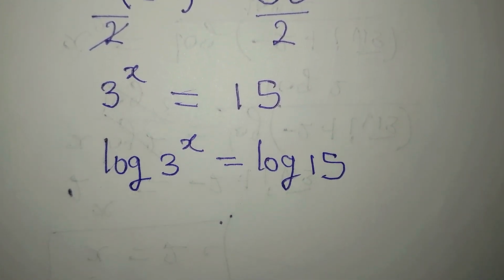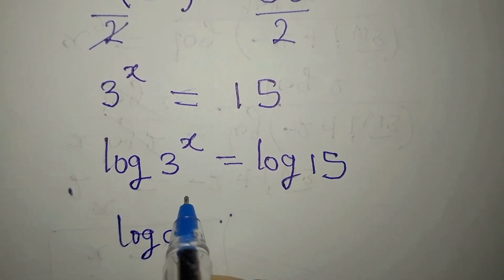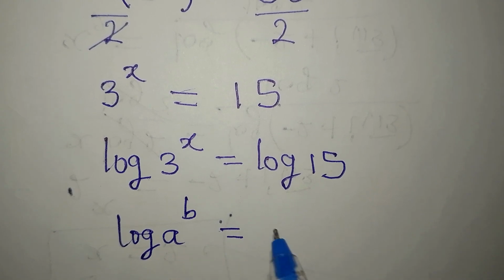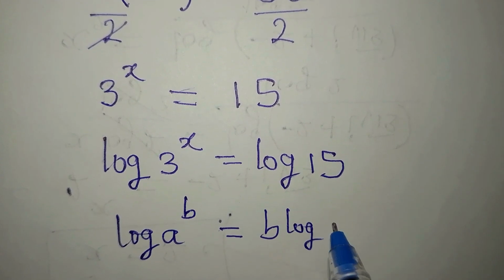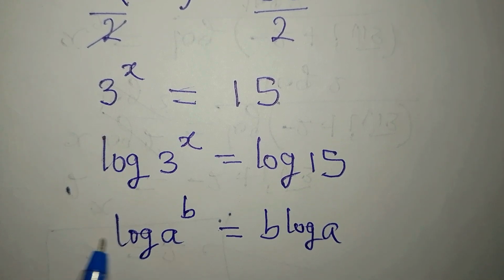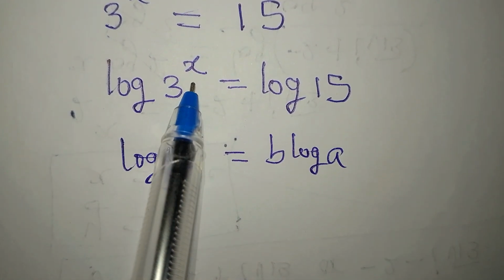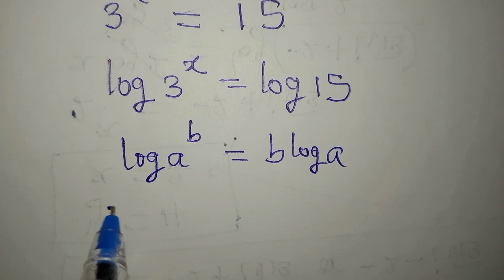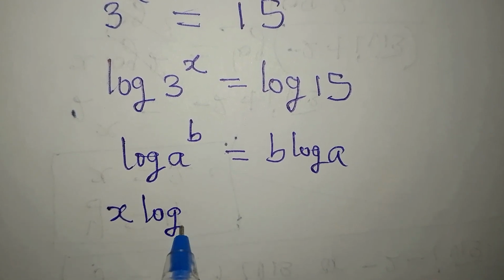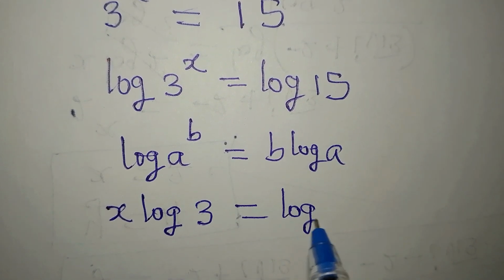Then we apply one of the laws of logarithm that says if you have log a to the power of b, it is the same thing as b log a. The power comes down to multiply log a. So the power now is x, it's going to go behind, and we have x multiplying log 3. Then on the other side, we have log 15.